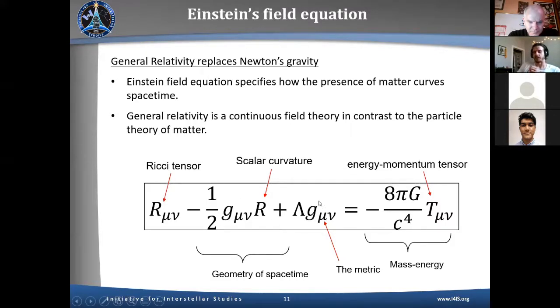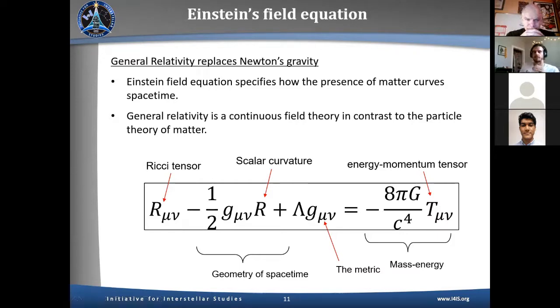You have a metric, which describes how you would move along this space-time, and you have an energy-momentum tensor. This whole term on the right-hand side describes the mass and energy distribution that gives rise to the geometry of space-time, and the way that the space-time interval is curved. So this is where the equivalence between space-time curvature and the distribution of energy and momentum comes from.